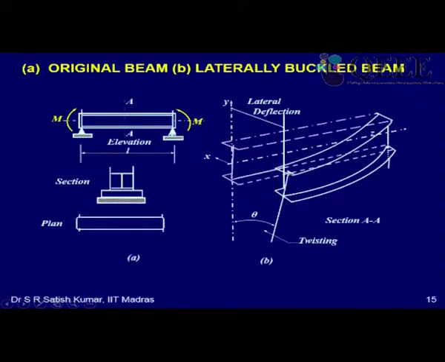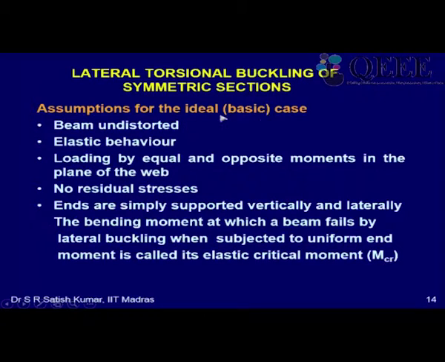This is my I section which is bending, and as a consequence it is laterally deflecting and twisting also. At the ends of the beam, these two vertical guides have been put, so they prevent free twisting of the end. So torsion is restrained at the ends, but warping is allowed at the center, and I am applying a basic moment M throughout the length of the beam. Under this constant moment, that is called the ideal case.